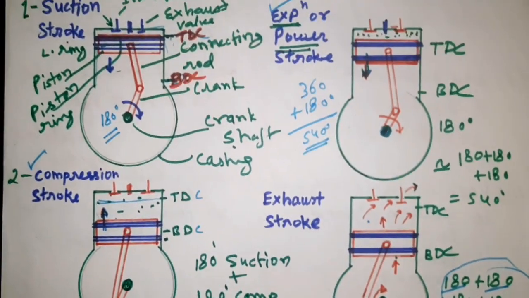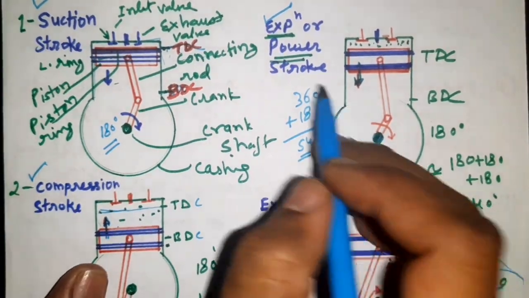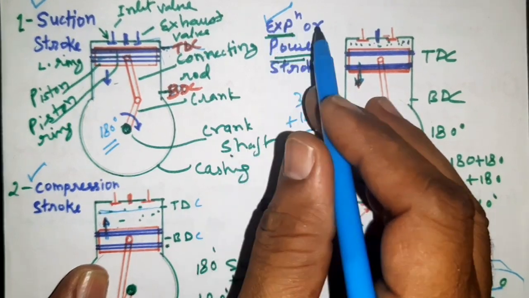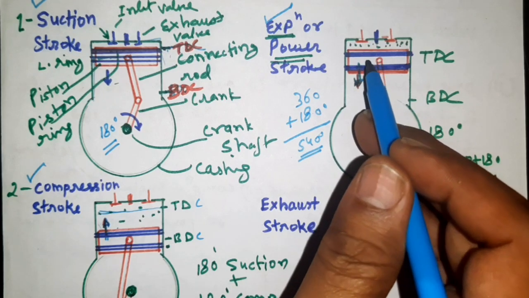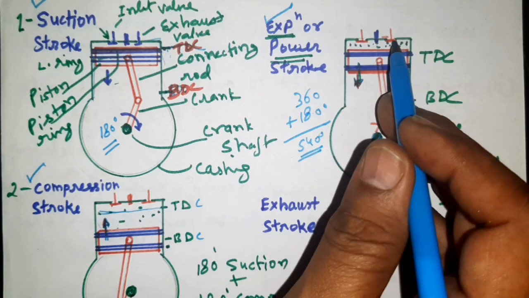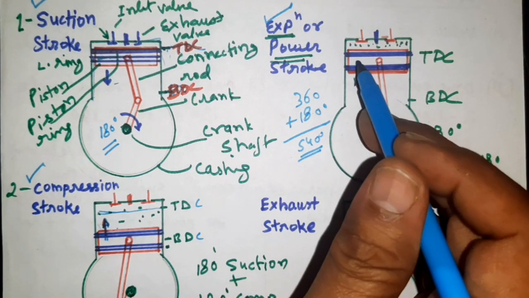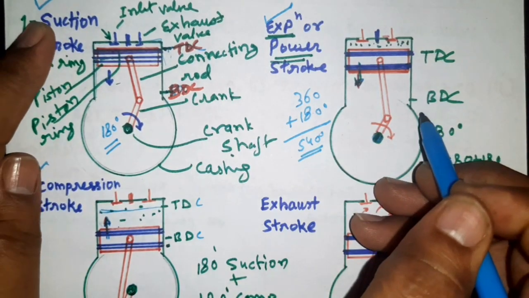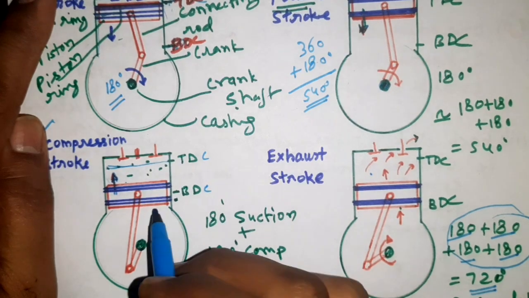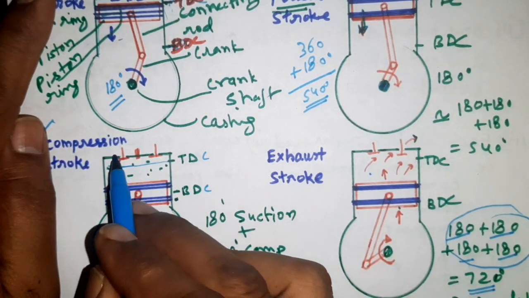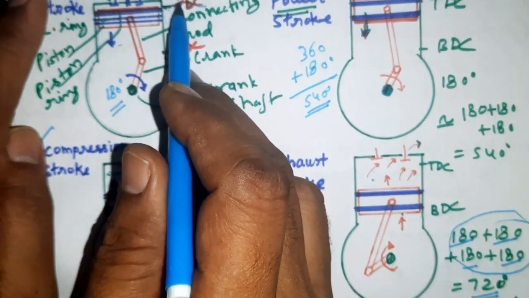Now we can see this third figure. This is the power stroke or expansion stroke. During this stroke, the inlet valve and outlet valve are both closed, and the piston is moving TDC to BDC. In compression, the piston was moving from BDC to TDC, and in suction it was moving TDC to BDC.